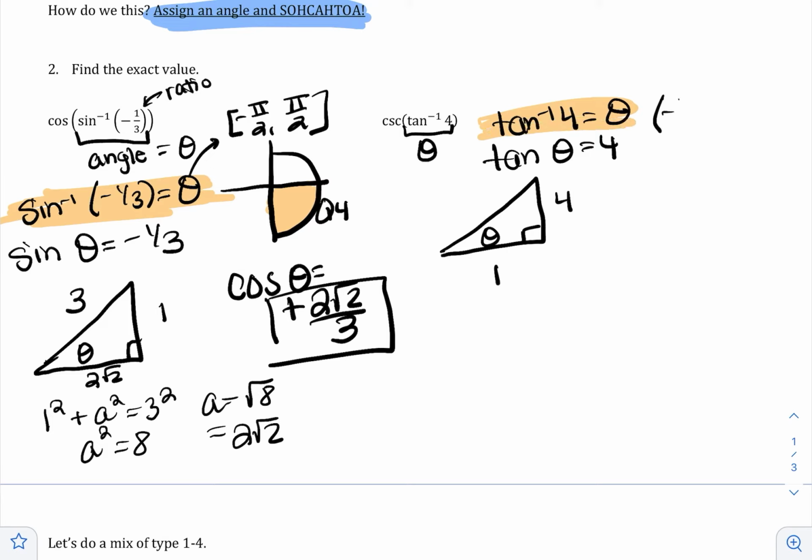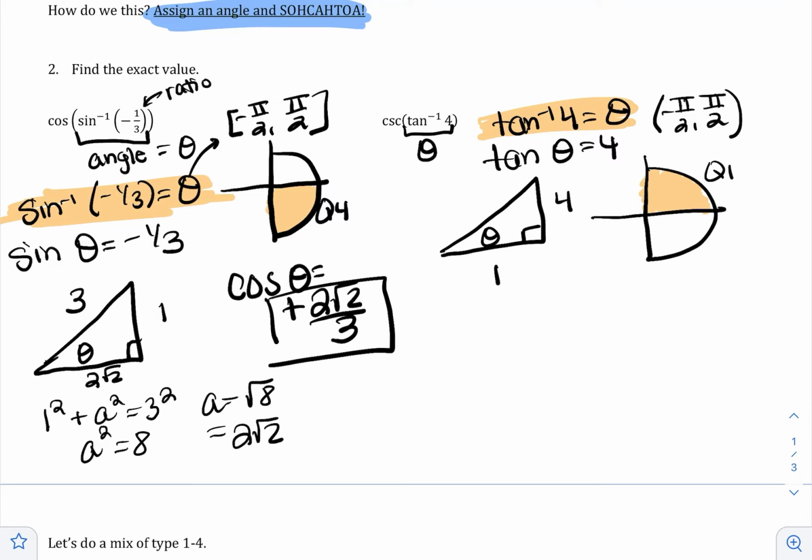Tangent inverse is restricted from negative pi over 2 to pi over 2, not including the axis angles. But it's a positive 4. It's a positive ratio, and the only way I'm going to get a positive ratio is if I am in quadrant 1. So this is Q1.